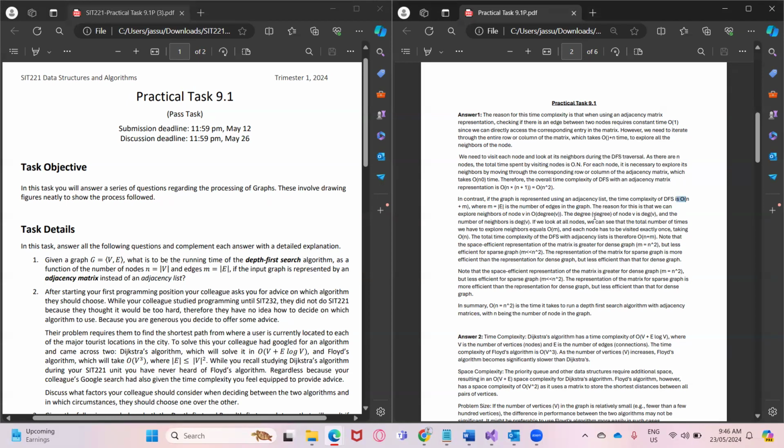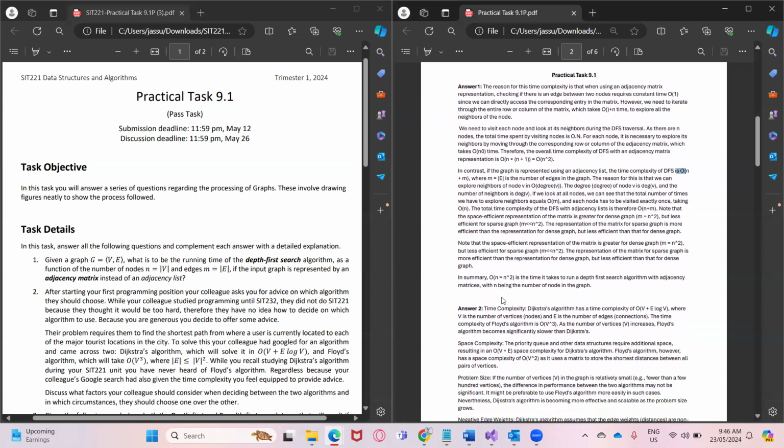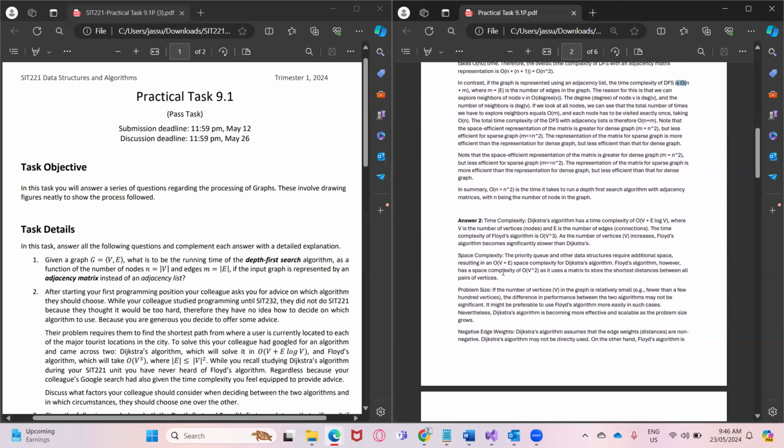So with the adjacency matrix, the time complexity of DFS is O of n square, whereas with the adjacency list, it is O of n plus m. Now we move to the second question.